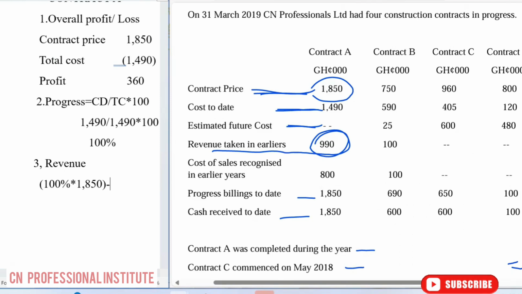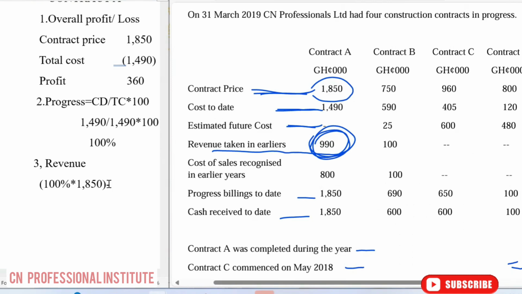Meanwhile, others has already been recognized. So if you don't deduct, you overestimate the revenue. Look at revenue taken in the previous years, 990. If you record the whole 1,850, it means you are overestimating the revenue. The 990 plus the 1,850 is more than the total contract price.